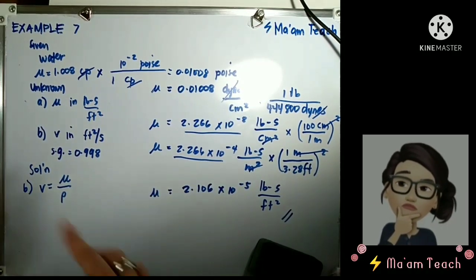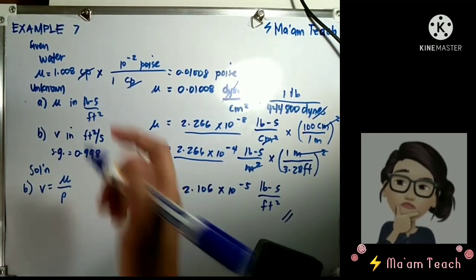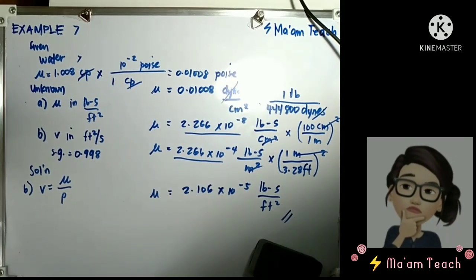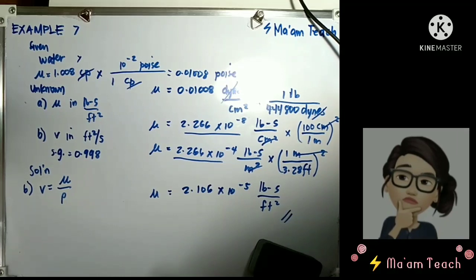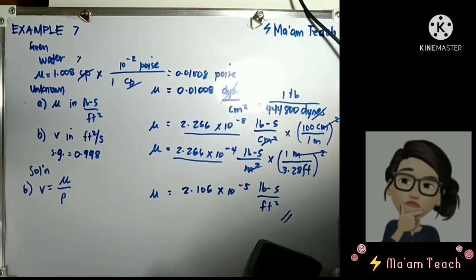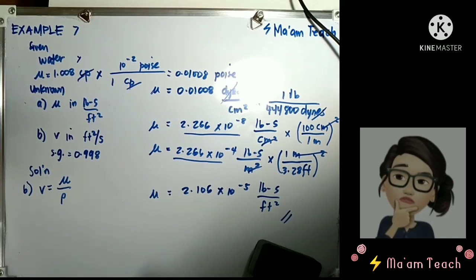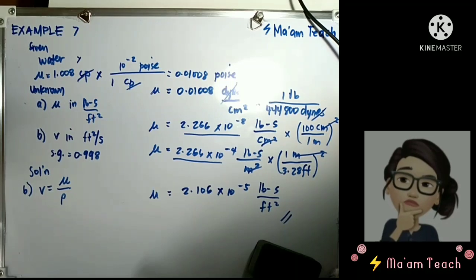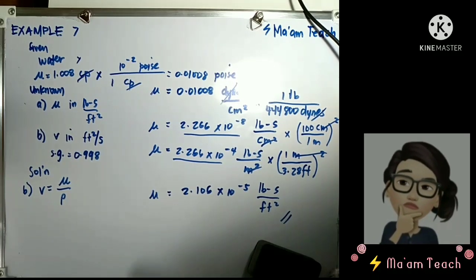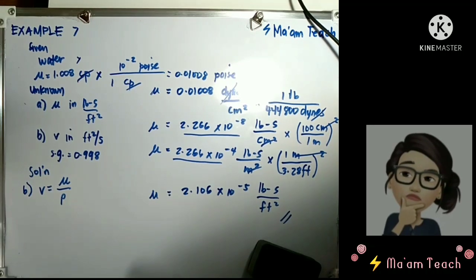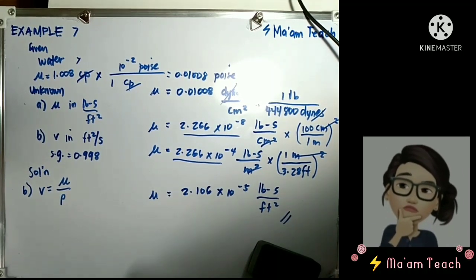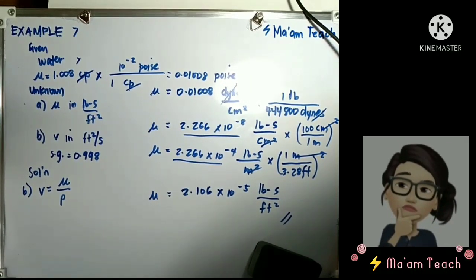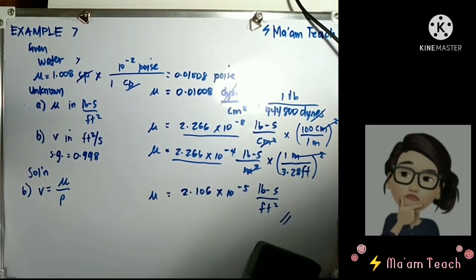Okay, but we don't have the density. But take note, this is water. We have the value of the density of water, but take note, class, that the temperature here is at 68 °F. So the value that we had, if you could recall, on page 3, kindly check, class.